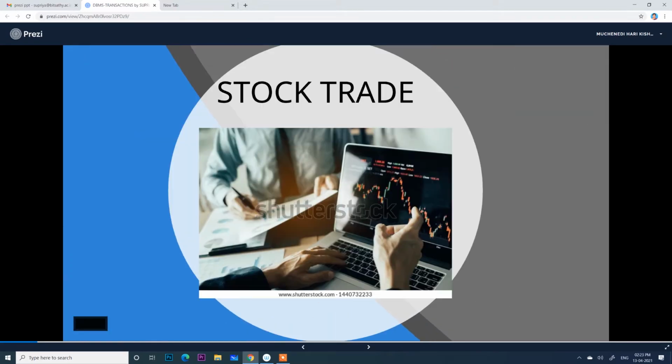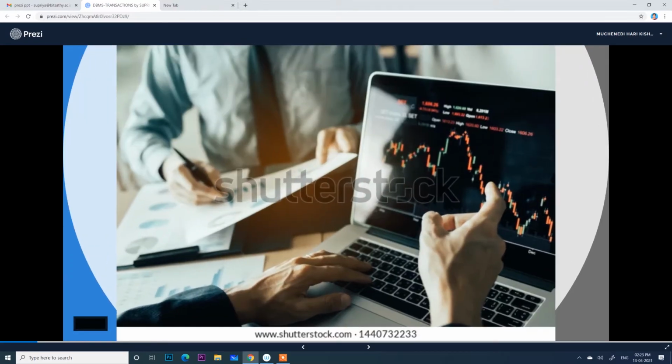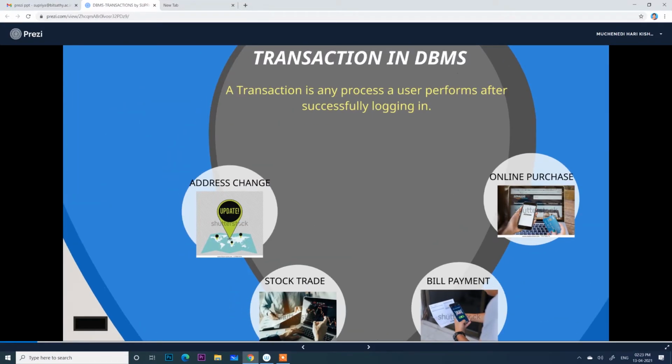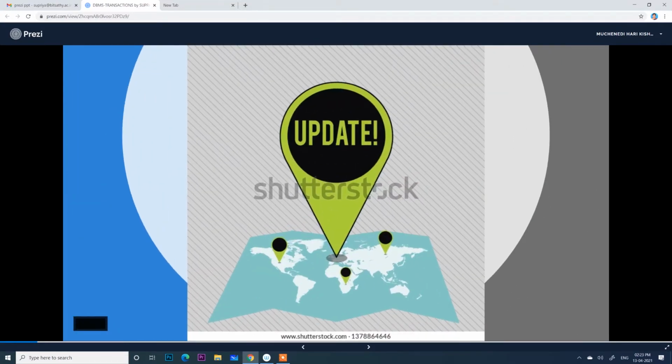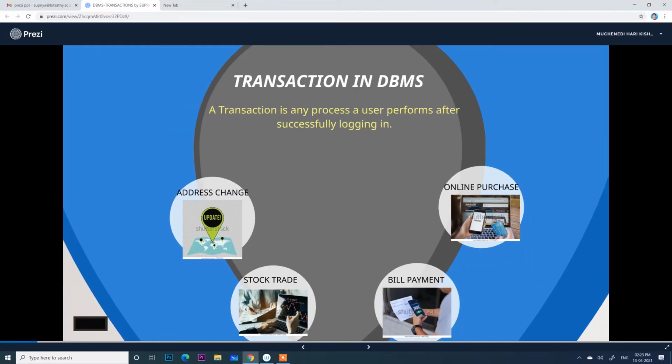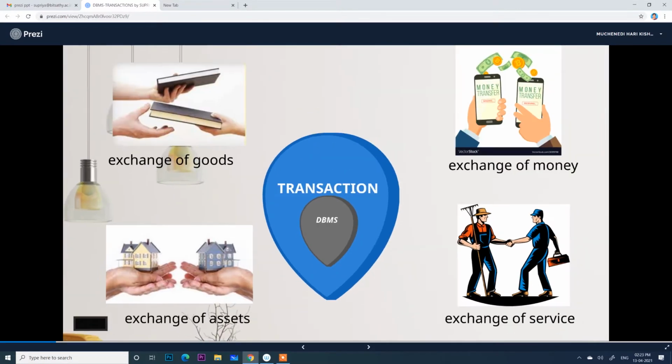And next, the user may check their stock market status online, and they may also update their addresses in Google Maps. So these are some of the common activities or processes the user will perform in the system.